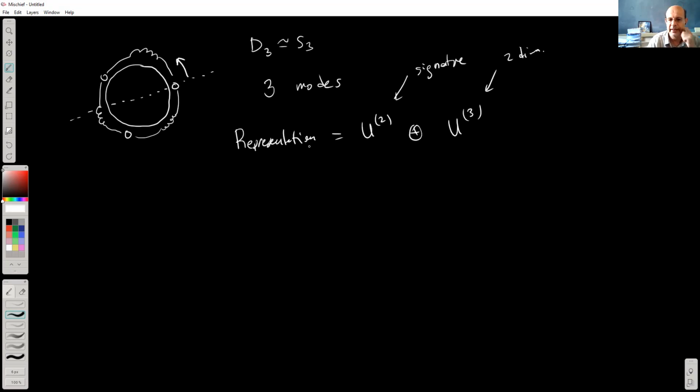But for the tangential displacement, we don't have this one. Instead, we have the signature representation. In any case, whatever it is, it doesn't change the actual picture. So we have said that this is the representation where the mode displacement pattern corresponds to a uniform rotation of all of the molecules, and this has frequency 0.